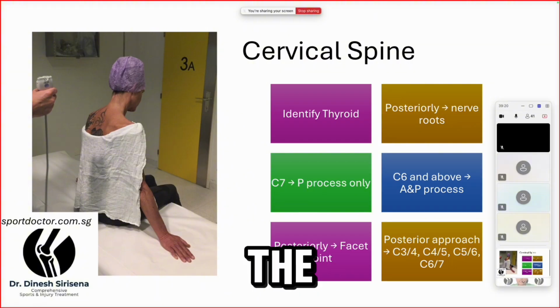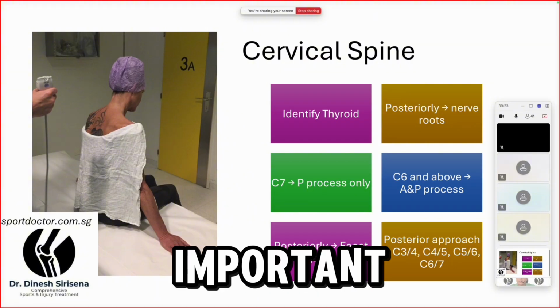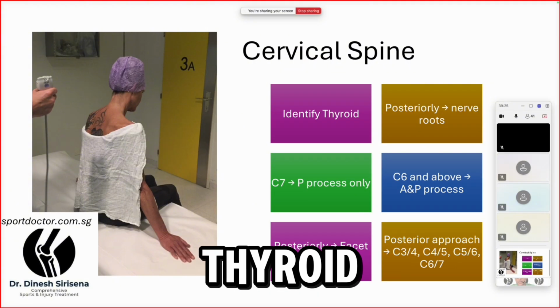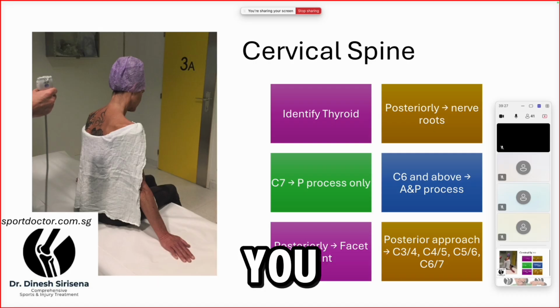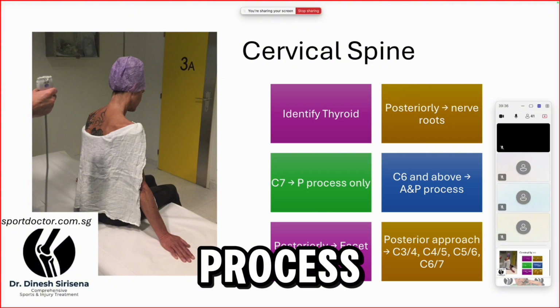When you're doing the C-spine, the important landmarks are identifying the thyroid. You move posteriorly, you find the C7, which has only a posterior process, and then from there you count upwards. So C6 and above have an anterior and posterior process.